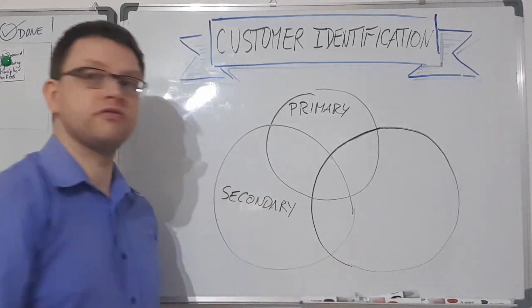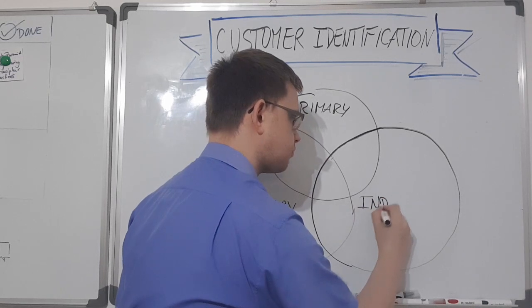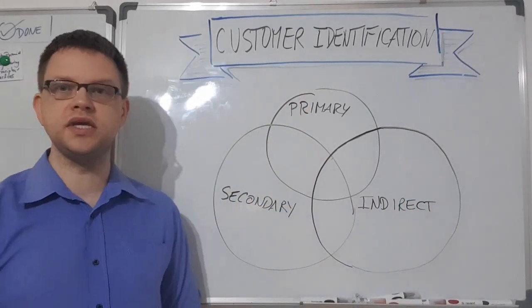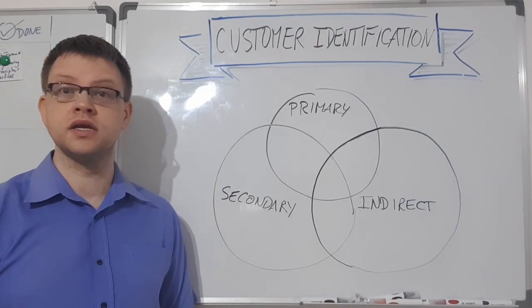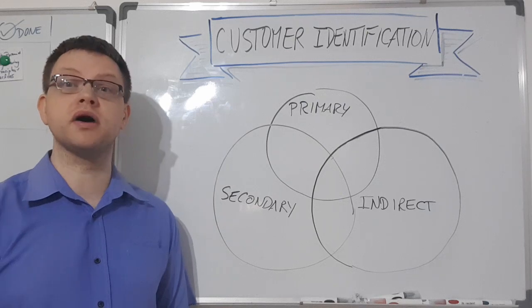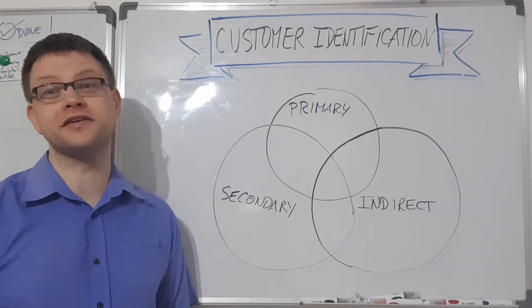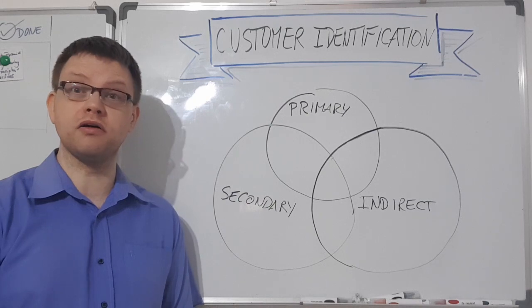And then we have the so-called indirect customers. They're regulators. They're people who formulate requirements for your product, but they don't really care about your product itself because they're neither paying for it nor are they going to use it. Coming back to our example, the typical example here would be lawmakers.